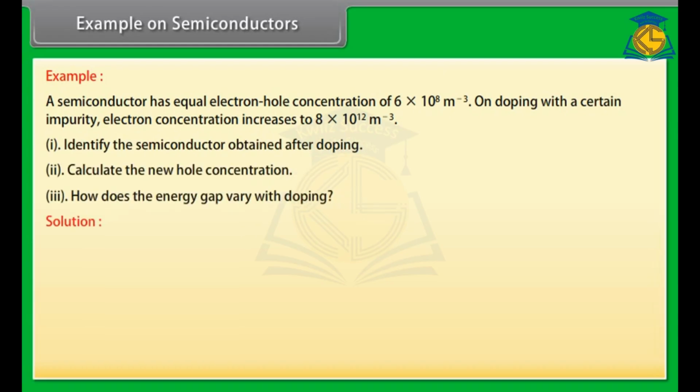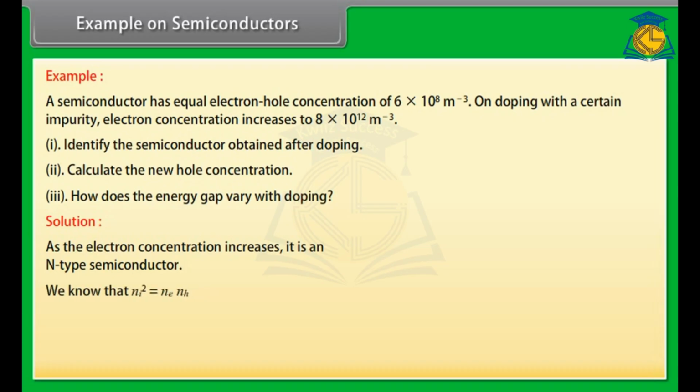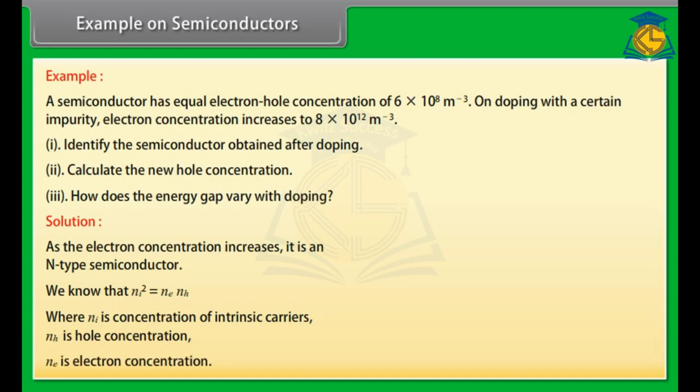Let's see the solution. As the electron concentration increases, it is an N-type semiconductor. We know that Ni² is equal to the product of Ne and NH, where Ni is concentration of intrinsic carriers, NH is hole concentration, and Ne is electron concentration.